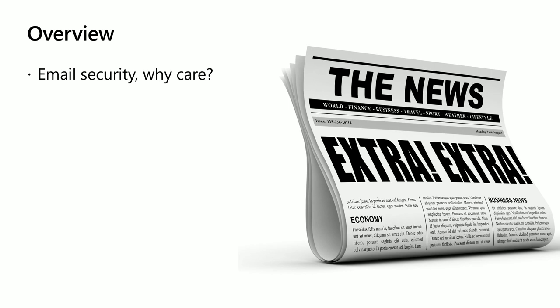The landscape of email has changed so much over the last 20 years from when we were doing Exchange on-prem. Some of that's carried over into Office 365 Exchange Online, but today the threats are much more significant and email is definitely a big target for that. So we're going to dive into that.